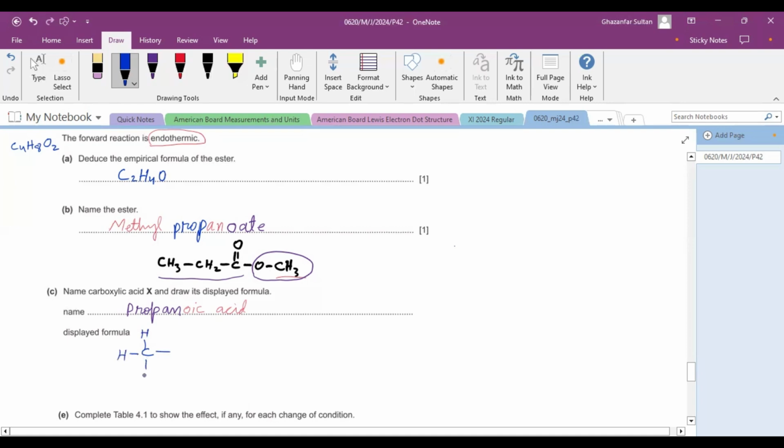At the terminal, carbon is always CH3 because one bond is with the other carbon while the remaining valences are fulfilled with hydrogen. So next one is CH2, and next to CH2 is C double bond O.